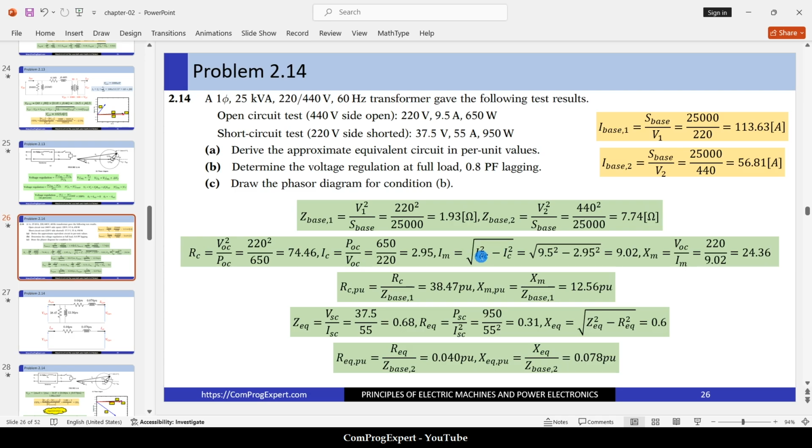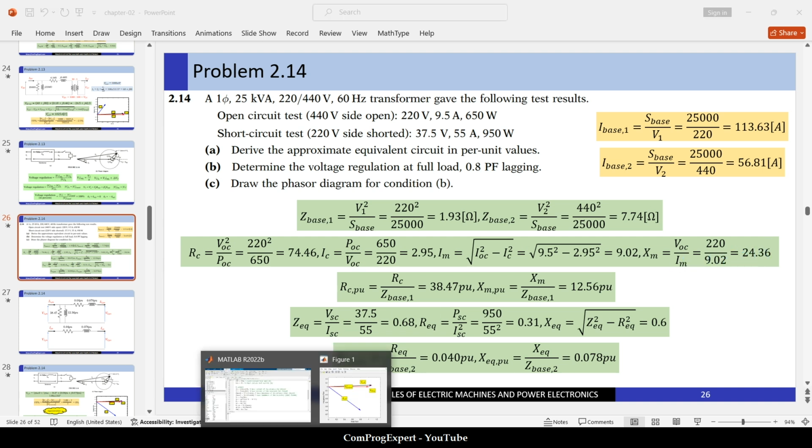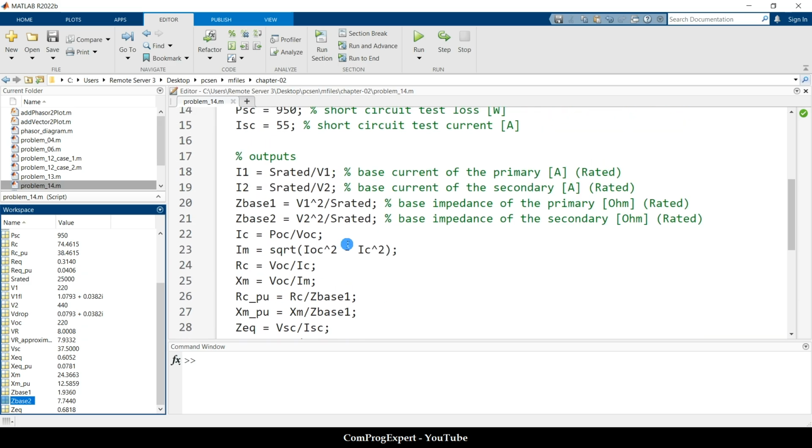SQRT of the open circuit current to the power 2, 9.5 to the power 2, minus the equivalent core resistance current to the power 2. That is equal to 9.02. What is the value of the magnetizing reactance? It is the voltage of the open circuit divided by the magnetizing current. 24.36. I implemented these equations here.